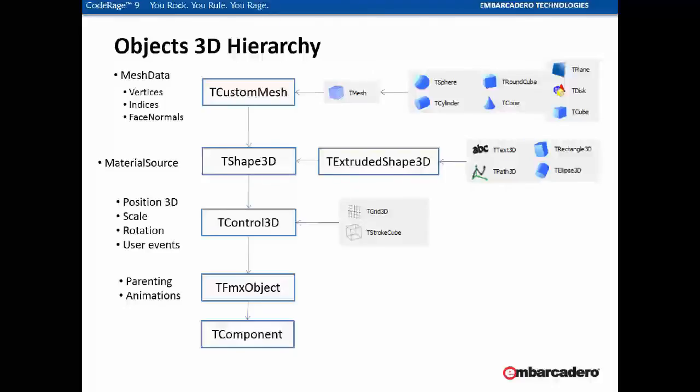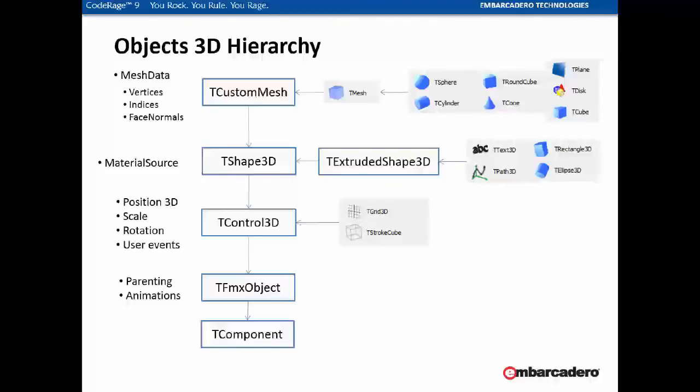You can have three different types of materials: light material, color material, and texture material. There are some components that derive from Shape3D, like for example Rectangle3D or Path3D or Text3D. These components can have a certain color and can have a certain material.